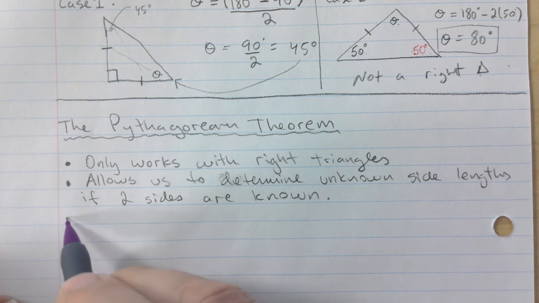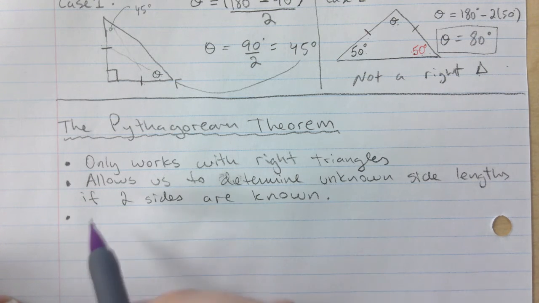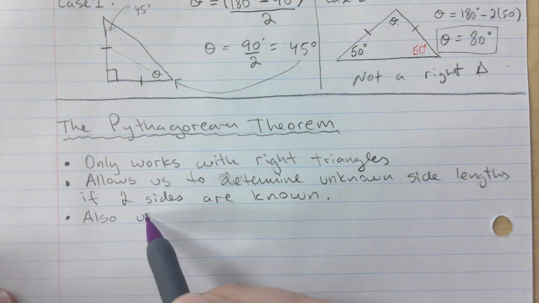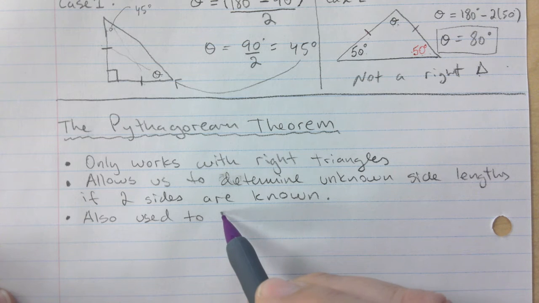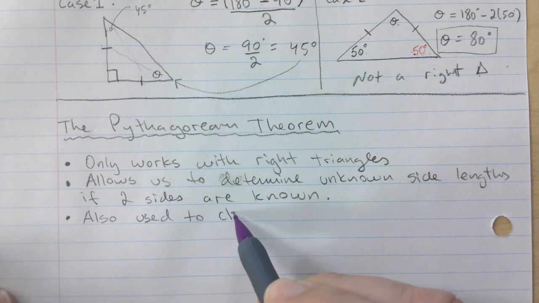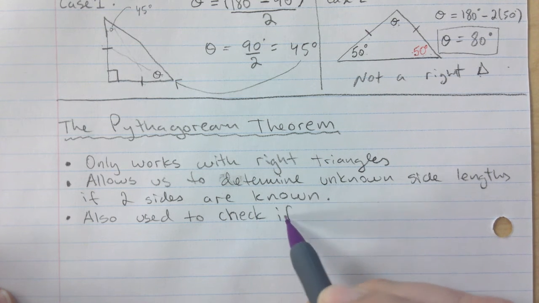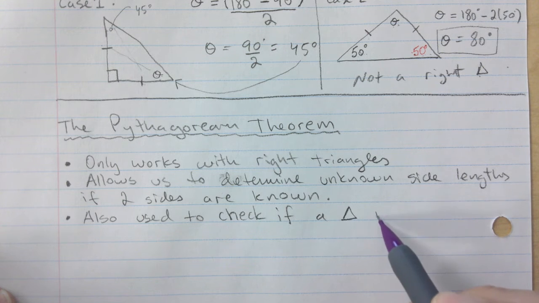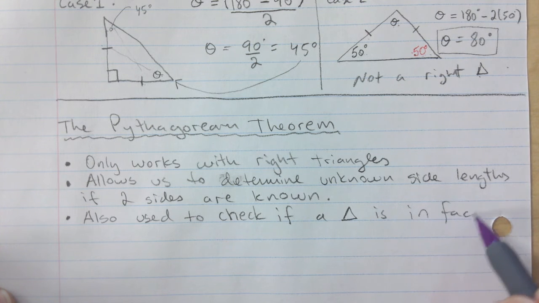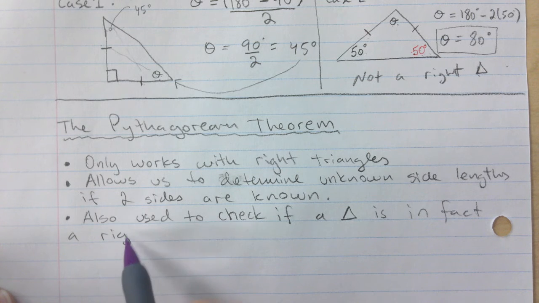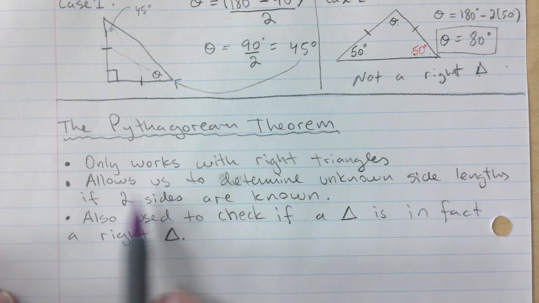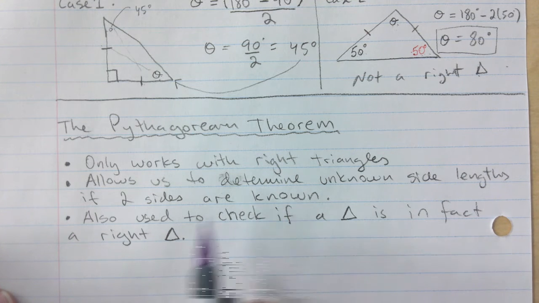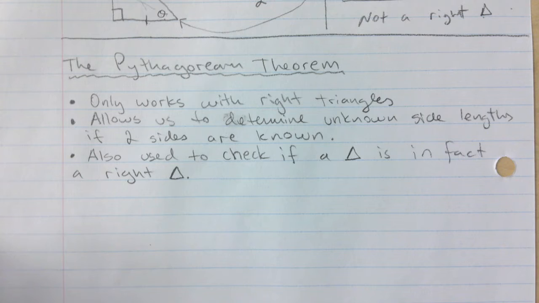It's also used to check if a triangle is in fact a right triangle. So we mostly use it to solve for side lengths, but we can also use it to check if a triangle is in fact a right triangle, and I will show you that.